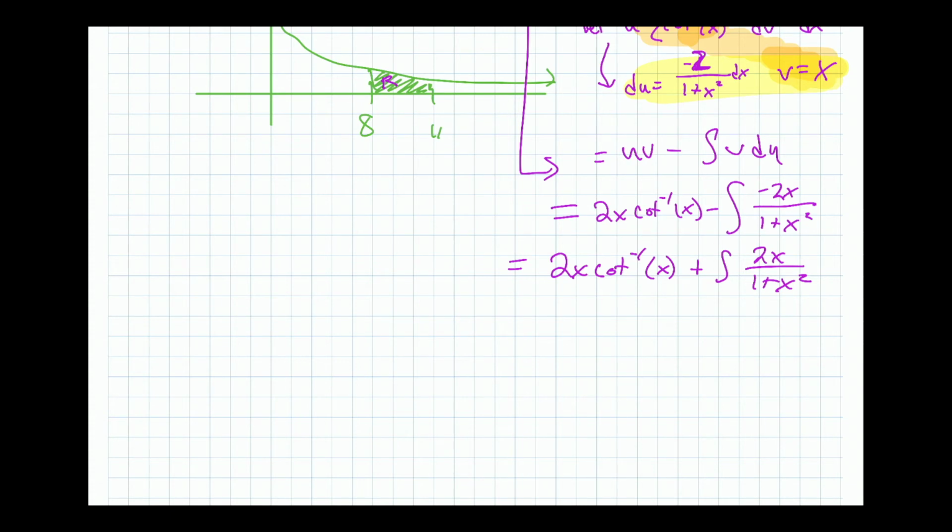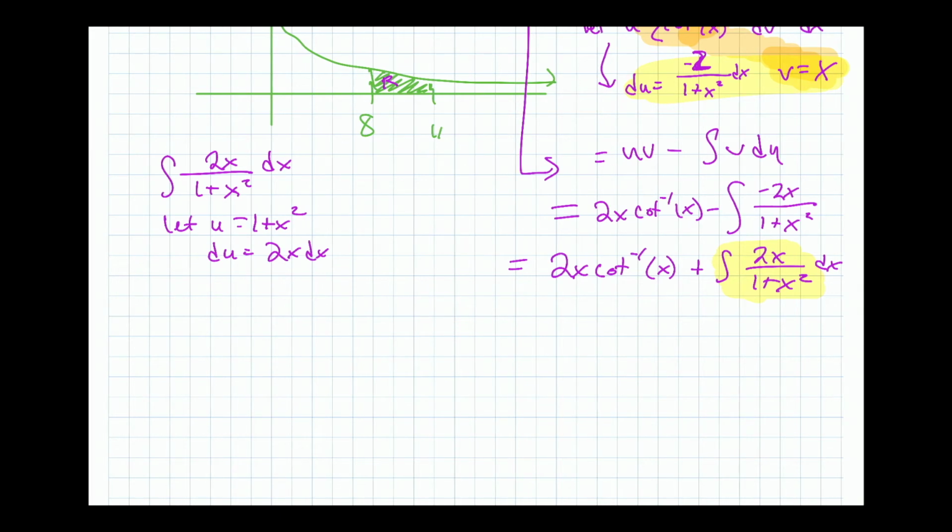Now, that means you have this integral left to do. Now that integral is a basic substitution integral. I'm going to do it off to the side. If you have the integral of 2x over 1 plus x squared dx, I should have had a dx somewhere. There we go. If you have that integral, you let u equal 1 plus x squared. du is 2x dx.